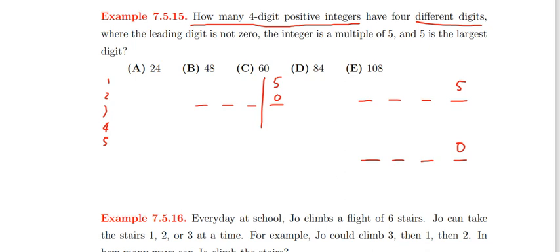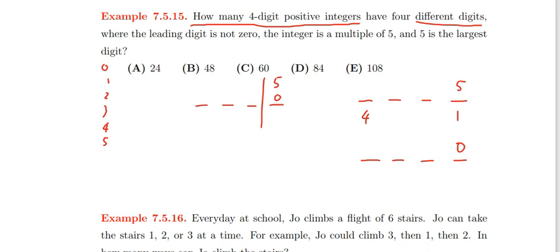So for this case, the first one we can pick 1, 2, 3, 4, only 4 ways. Here we have 1 way, and here we have 4 ways, because 5 is the largest digit, so we can only use 0, 1, 2, 3, 4, 5.